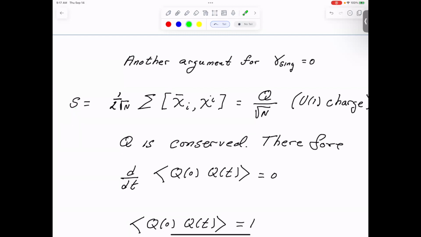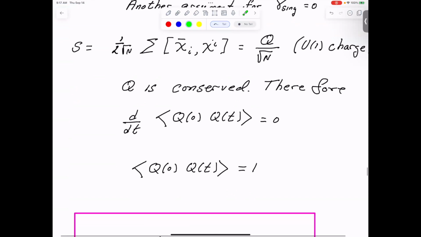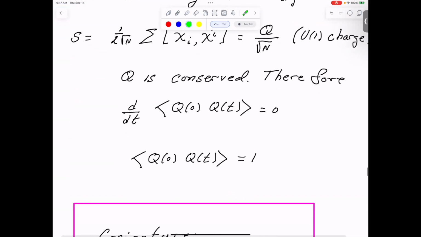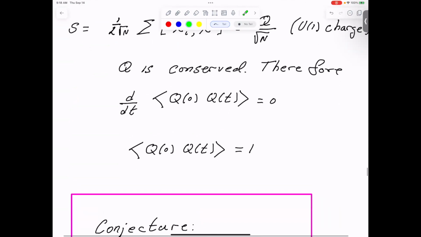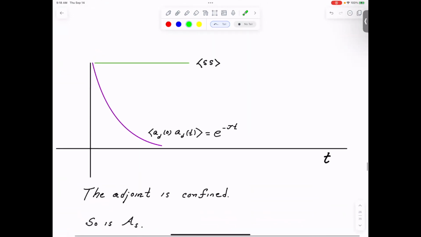This S here is related to the conserved U1 charge. In fact, it is the conserved U1 charge normalized with an extra 1 over square root of N. The U1 conserved charge is conserved, and therefore Q and likewise S is time independent. Its expectation value is time independent, and therefore the correlation function is completely flat.